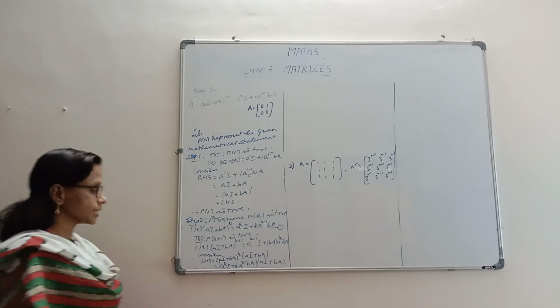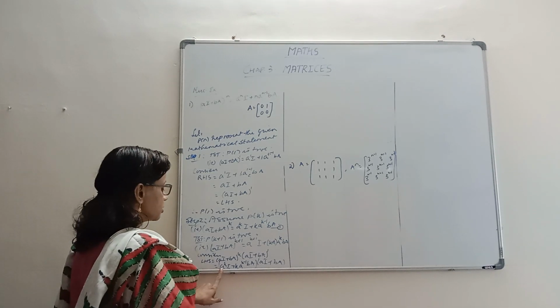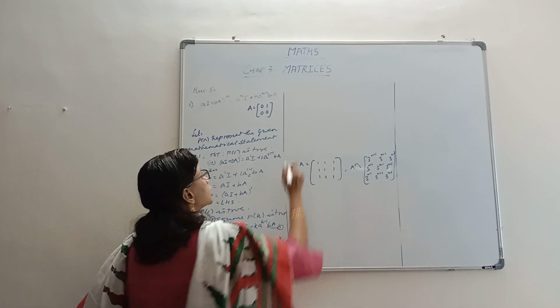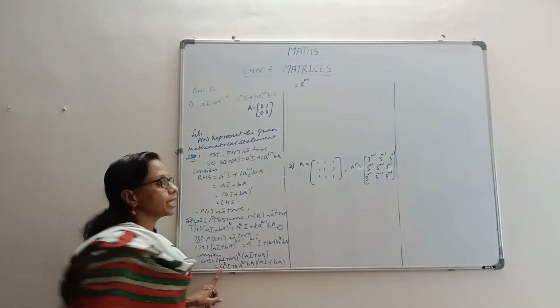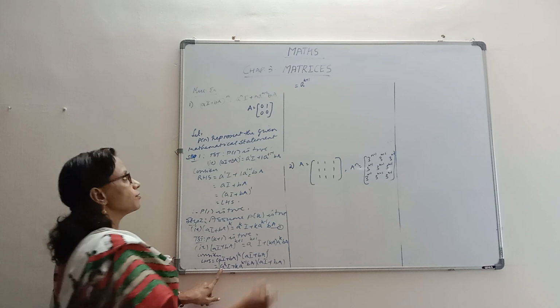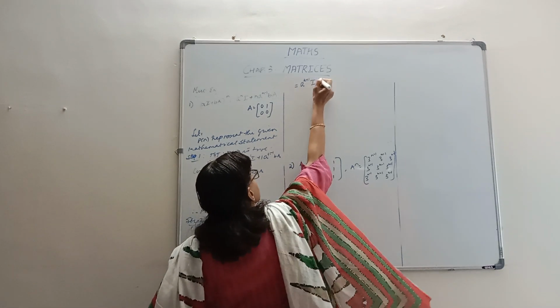You can open these brackets and see what is coming. A^k I multiplied with this: A^k and A will multiply, it will become A^(k+1) I, and I into I we always know is I. So that's the first thing.